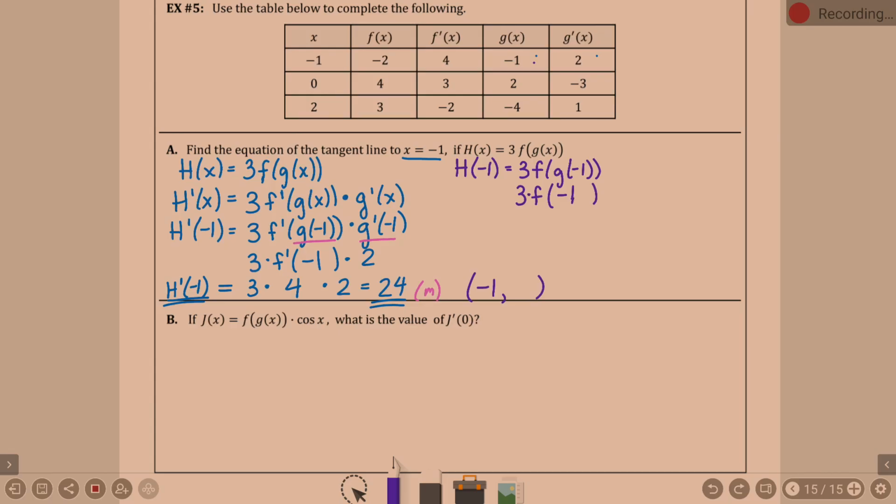Then you have 3 times f of negative 1. No, negative 2. So 3 times negative 2 is negative 6. So you get y equals 24 times (x plus 1) minus 6.